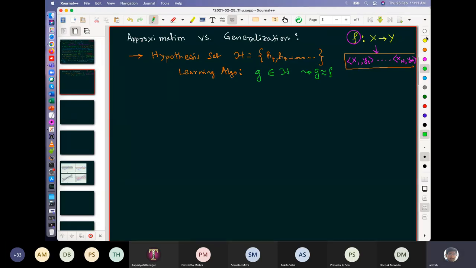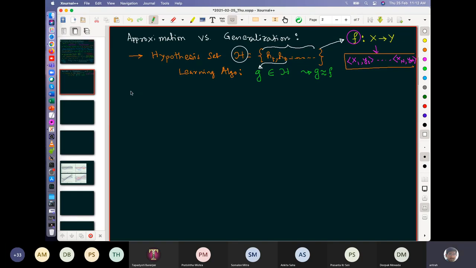Now there are two aspects. One aspect is how good your hypothesis set is, because you are asking for a function from this set, nothing else. The better your set of hypotheses is, the closer you will get to the function, right?